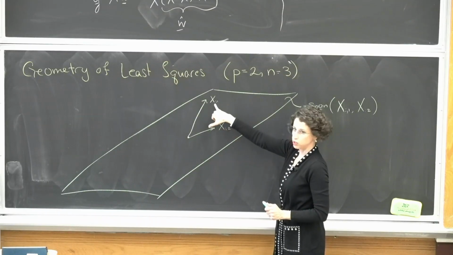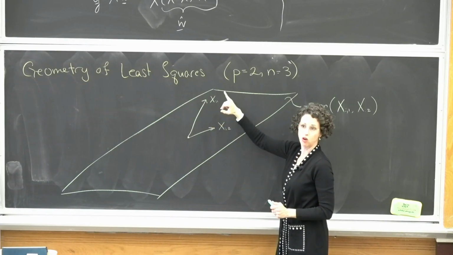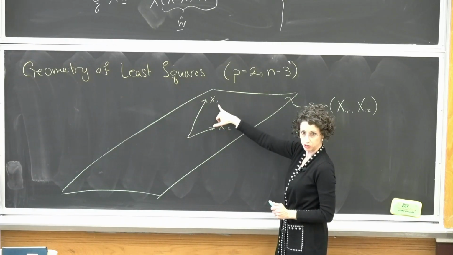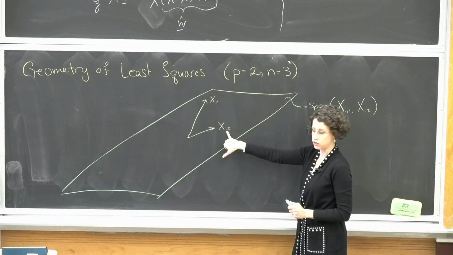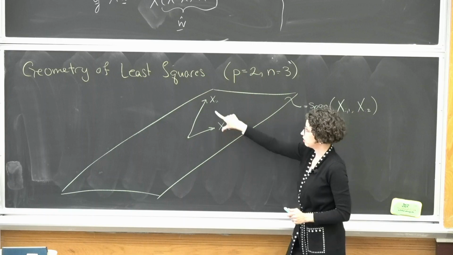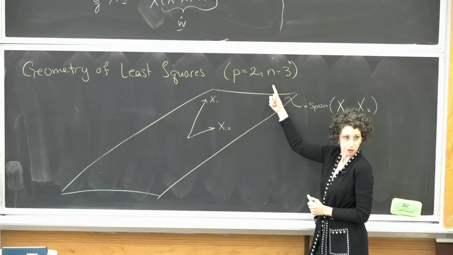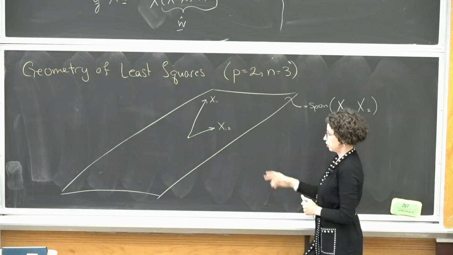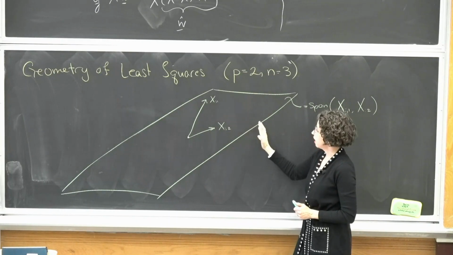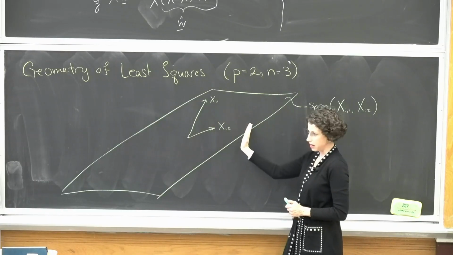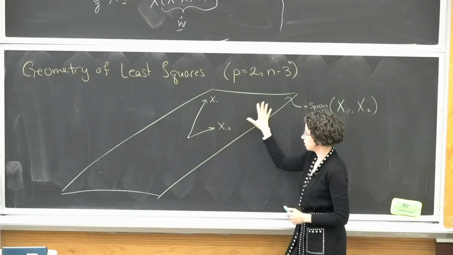This vector corresponds to the value of feature 1 across all n of our samples. And this corresponds to the value of feature 2 across all n of our samples. So these are both vectors in 3D space because we've got 3 different samples. Okay, but there's only 2 vectors like this because we only have 2 features.